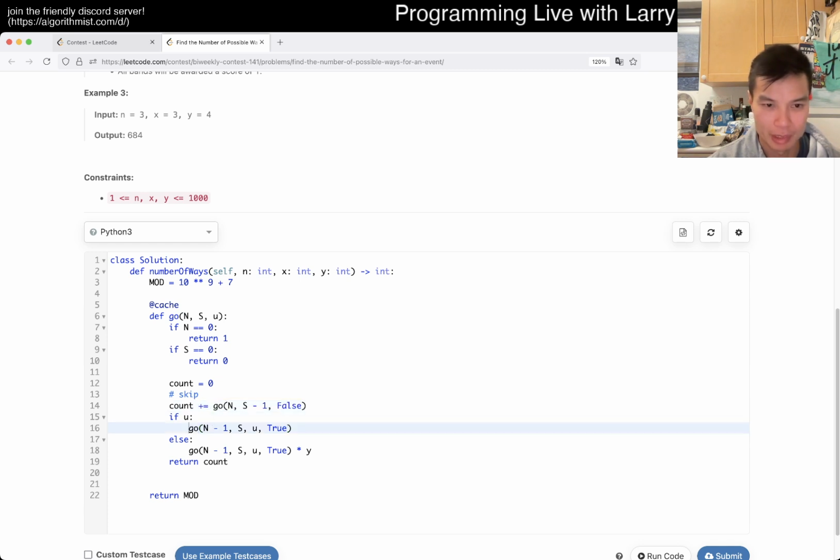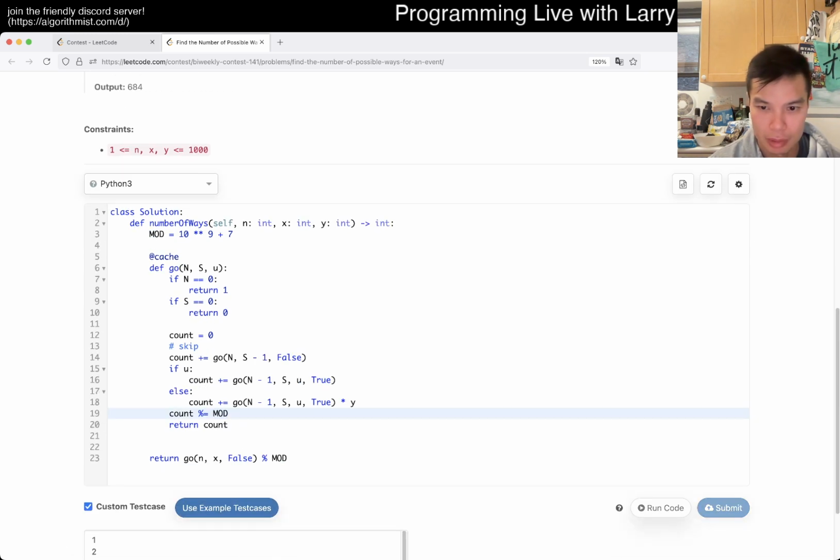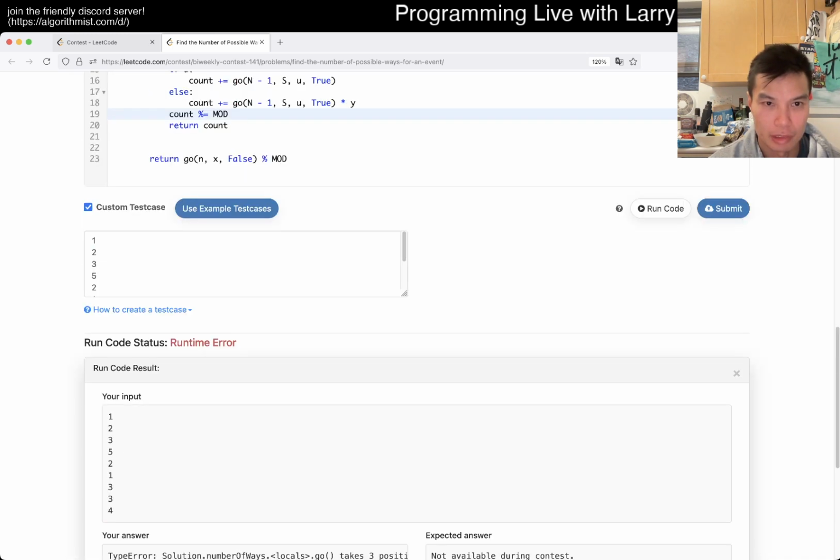I know I'm not doing mod yet. Actually, I should do mod already. What is Y? Y is 1000. We could mod it. Something like this. Takes 3 position.